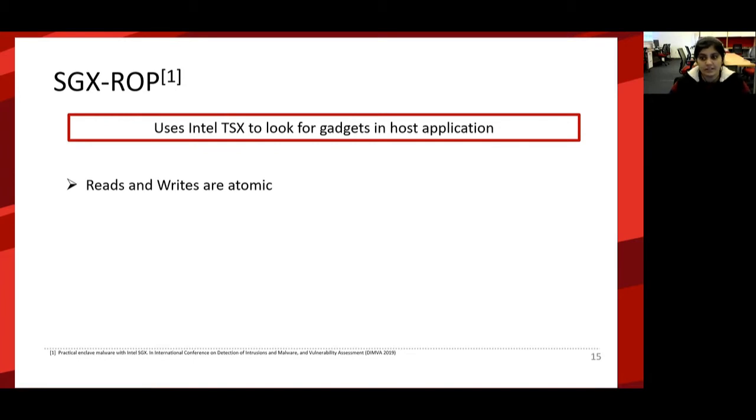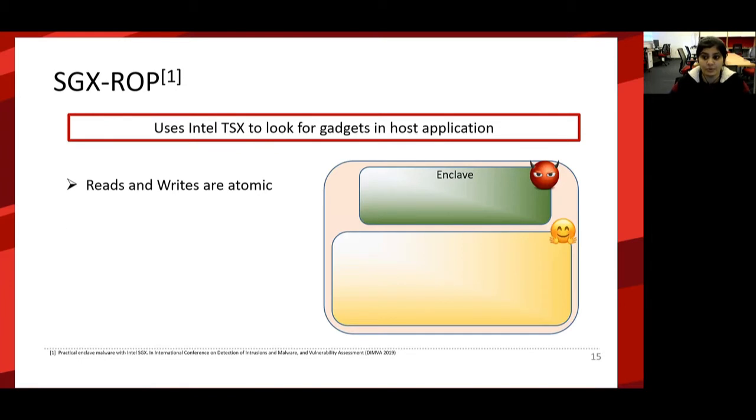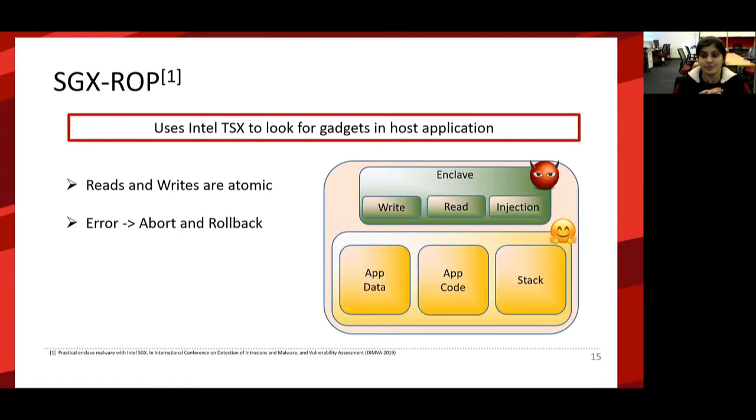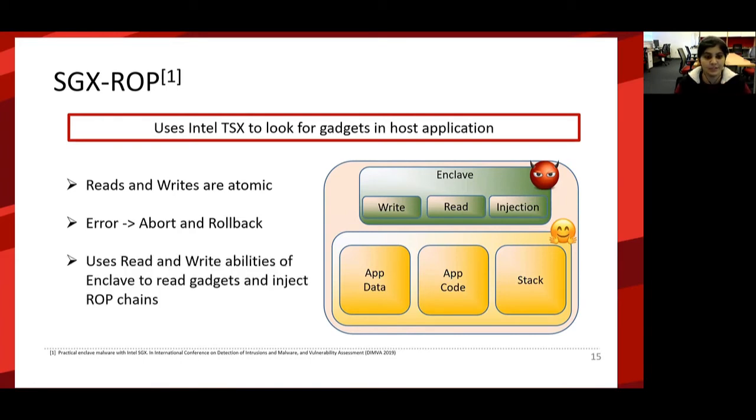The reads and writes done through TSX are atomic, and any error in reading inaccessible memory is aborted and rolled back instead of really raising an exception or giving a segmentation fault. This way, the malicious enclave uses read and write capabilities to read gadgets from the application code and write these malicious payloads to the application's data memory.